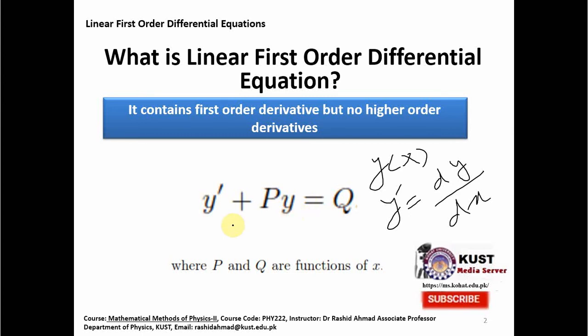Okay, so now you know what a first order linear differential equation is. It involves only one derivative of some variable, in this case y, and then the linear power of it multiplied with some functions.